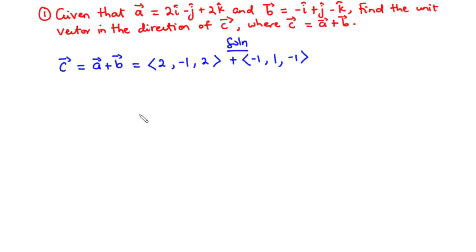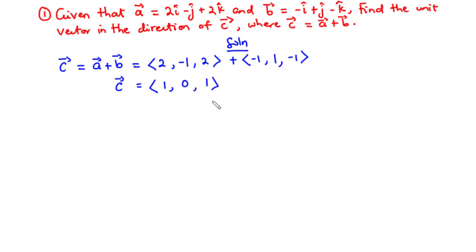So let's add corresponding components. Now 2 plus -1 is the same as 2 minus 1, and that is 1. -1 plus 1 is 0, and then 2 minus 1 is also 1. Therefore, we have vector C to be 1, 0, 1.